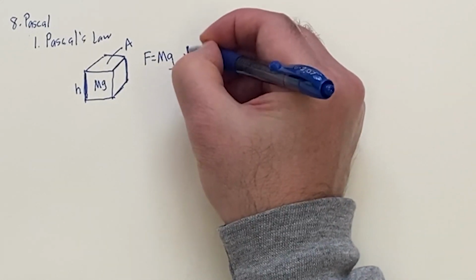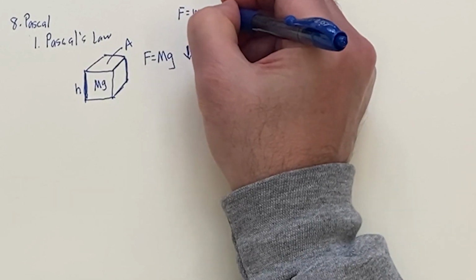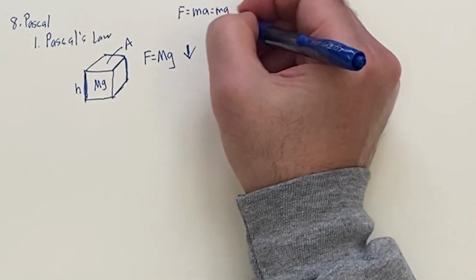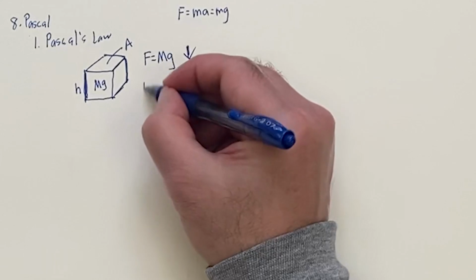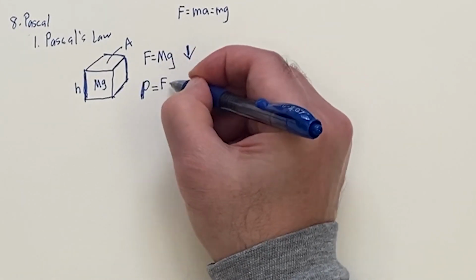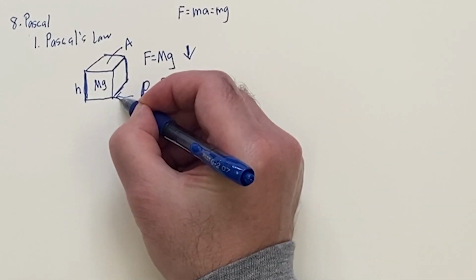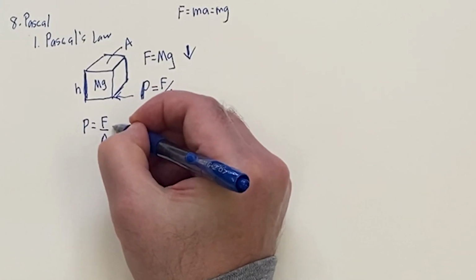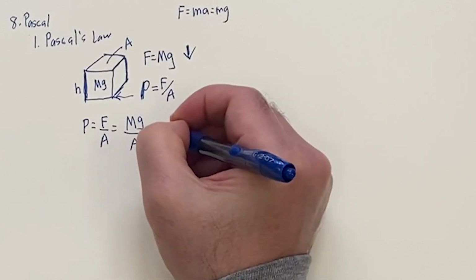That's due to ma, because force is equal to ma, which is mg when you're looking at gravity. And here, if you're on the ground at rest, that's your weight. And your pressure, capital P, is going to be your force per area. And that's the pressure down here at the bottom. So the pressure is the force per area, and that's equal to mg over A.